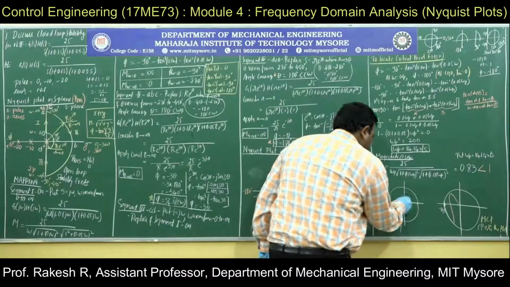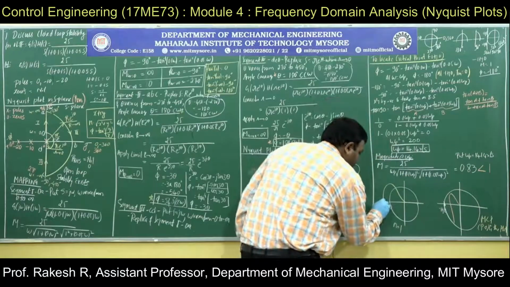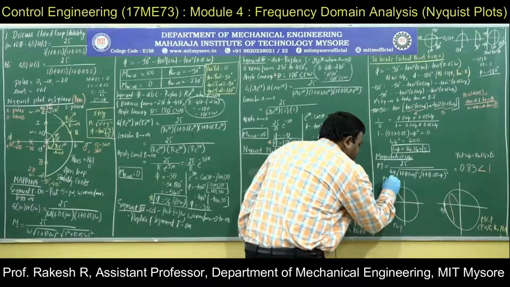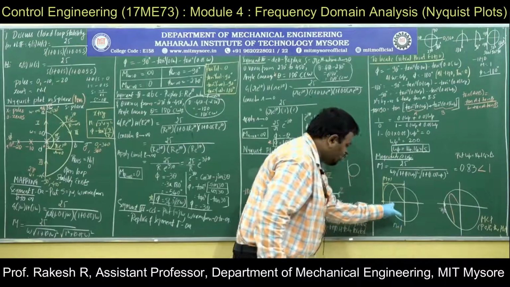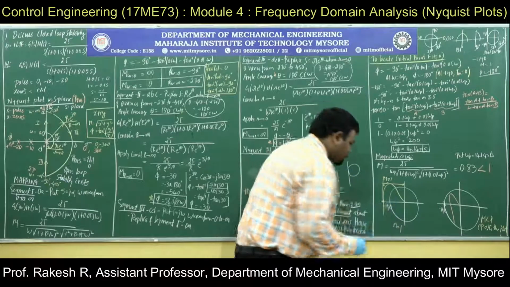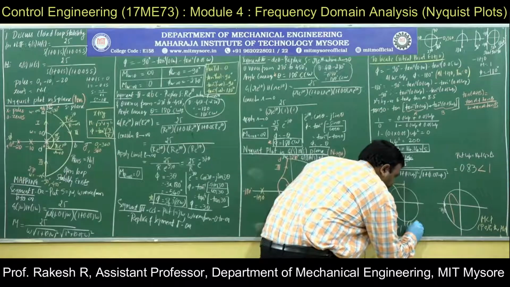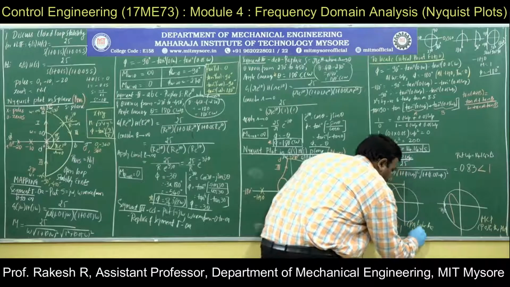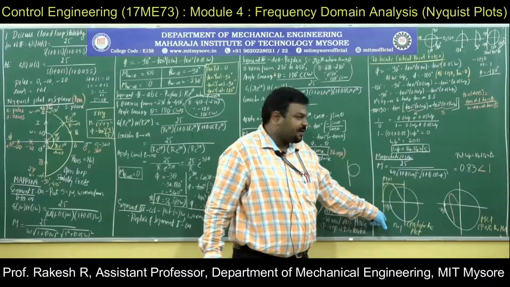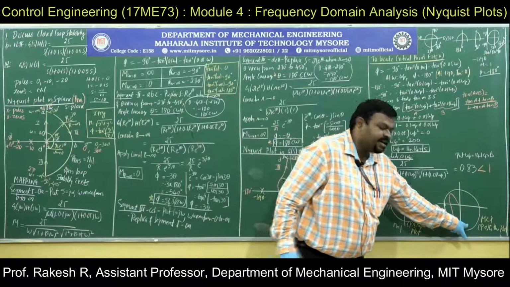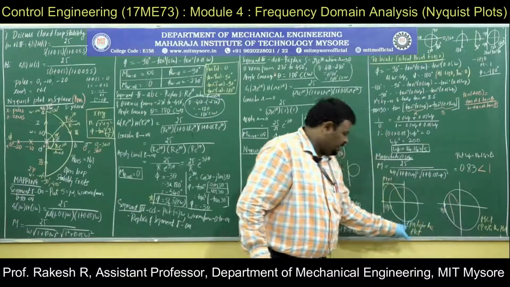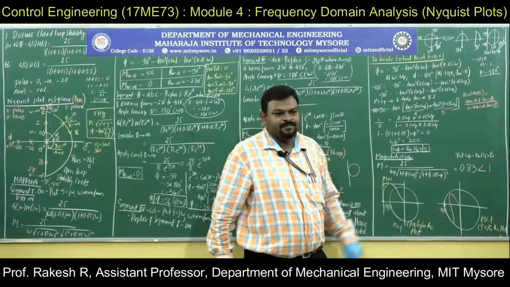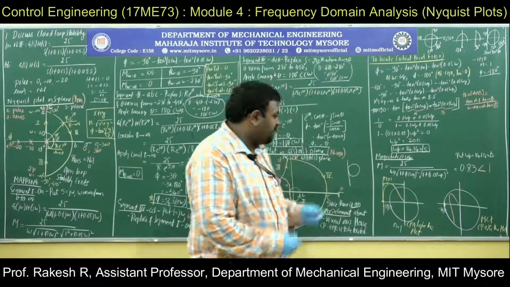If M is greater than 1, the critical point will be inside this, so before the plot. So this is the condition: for magnitude less than 1, critical point after the plot; for magnitude greater than 1, critical point before the plot. This concept is important here.